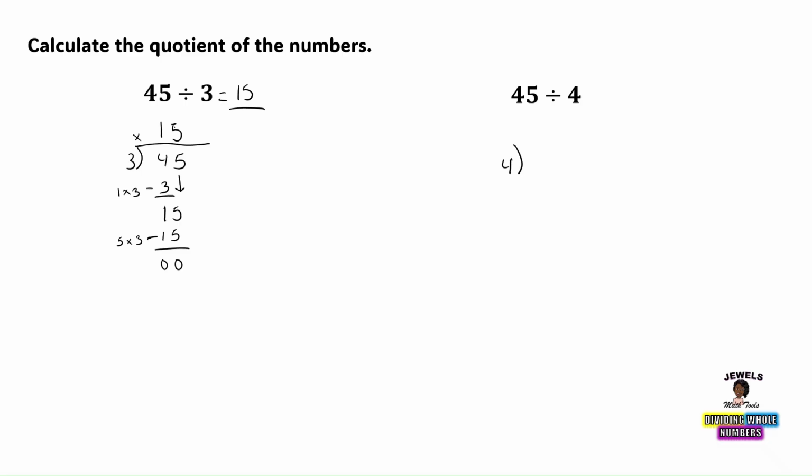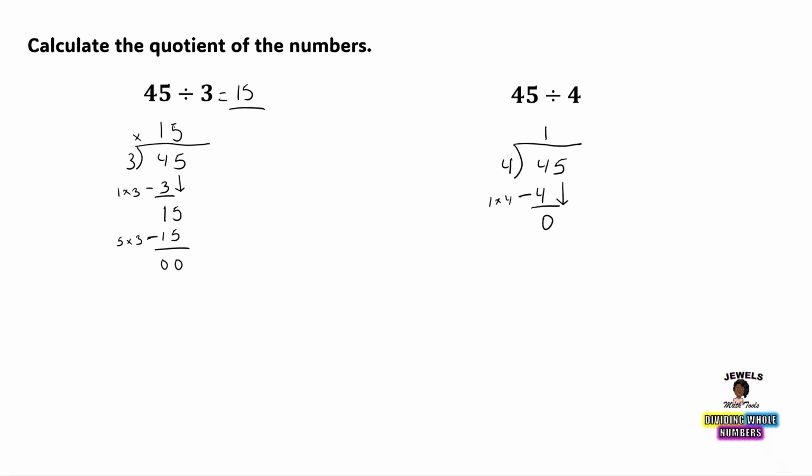We're now dividing our 4 into 45. We have 4 divides into 4 one time. When 1 is multiplied by 4, we get the product of 4. 4 minus 4 gives us a 0.